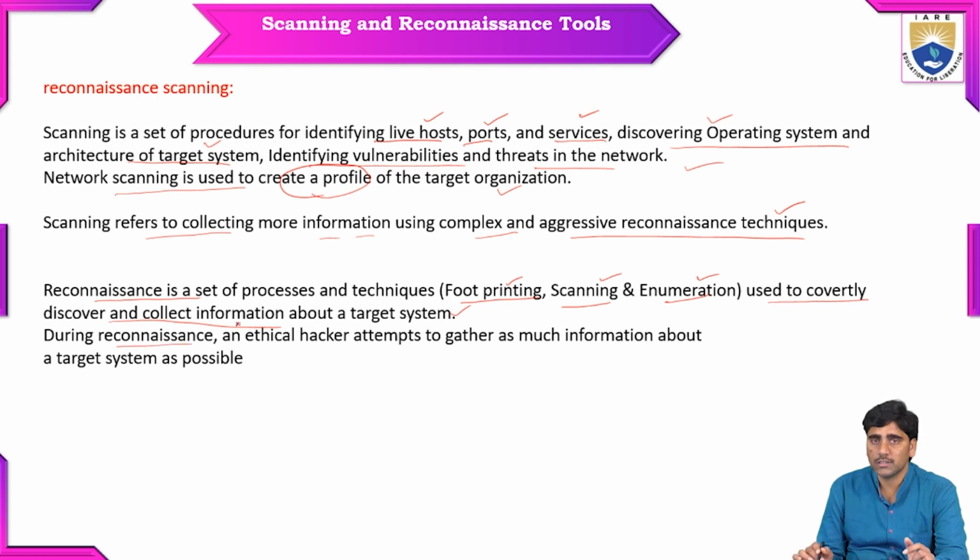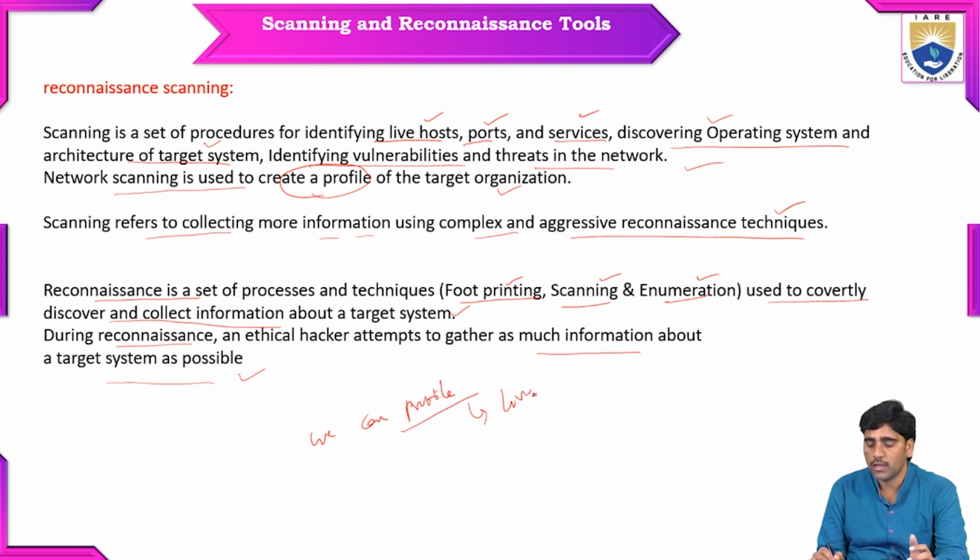During reconnaissance, an ethical hacker attempts to gather as much information about a target system as possible. By getting all the details of the target system, we can create a profile. So what does that profile contain?